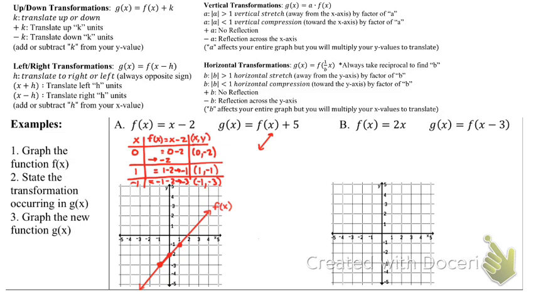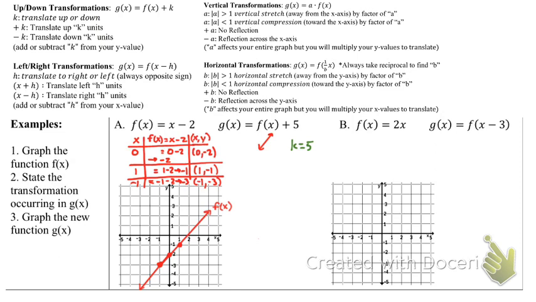So our k value is 5. When we have a k value of 5, since k is positive, we're going to translate up 5 units. All right, so I'll say that again. Because it's positive, that means we are translating, which is moving or shifting, up 5 units.